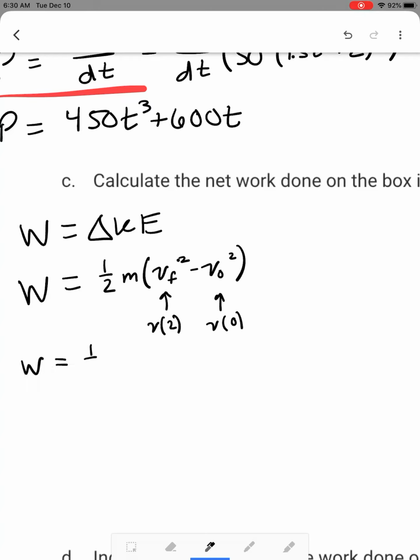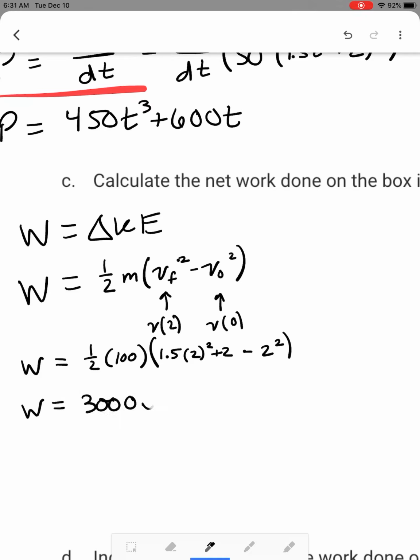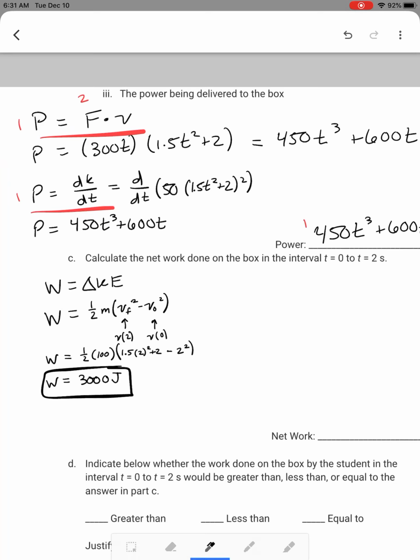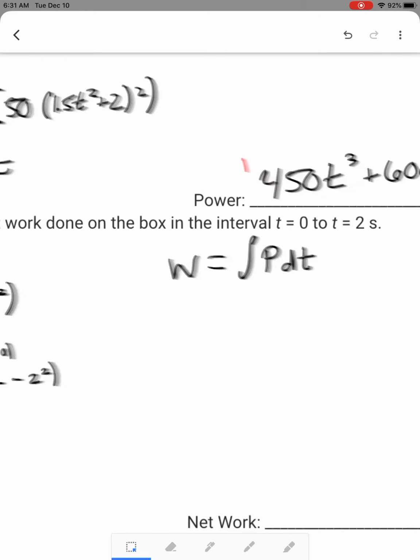So let's just plug these in. I get work is equal to 1/2 times 100 times ((1.5 times 2 squared plus 2) squared minus 2 squared), since v of 0 was 2. So I'm going to get that the work is equal to 3,000 joules. Another way that you could have done this, and this is a definition that's on your equation sheet, is that work is equal to the integral of power with respect to time.